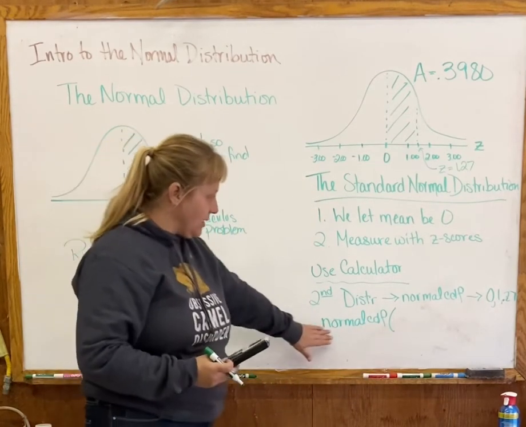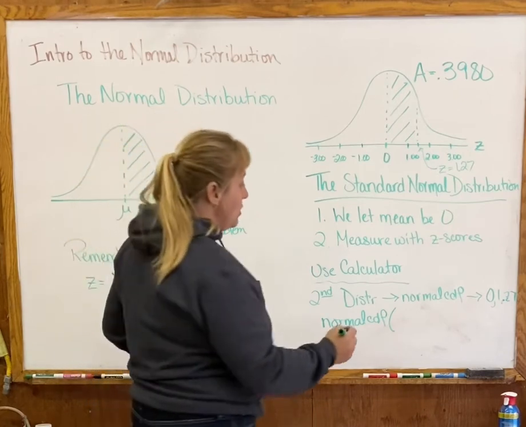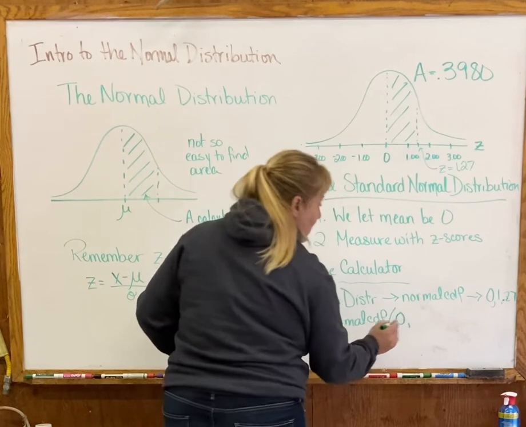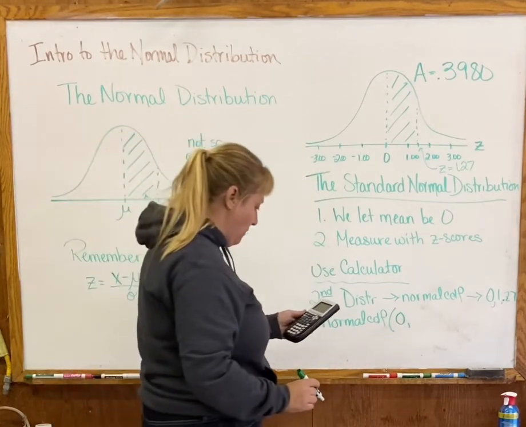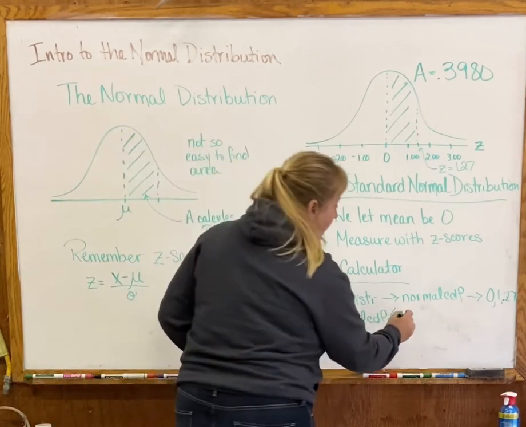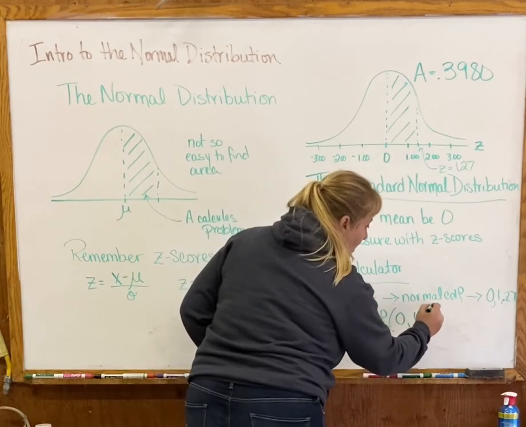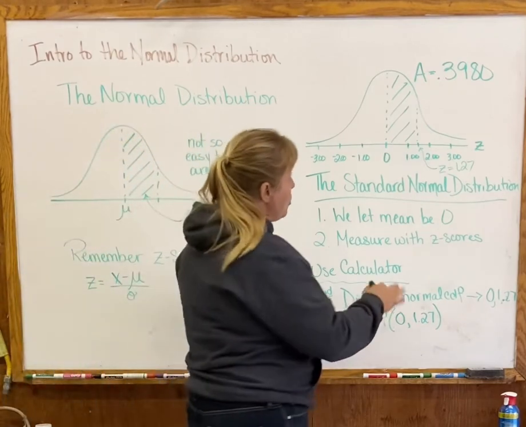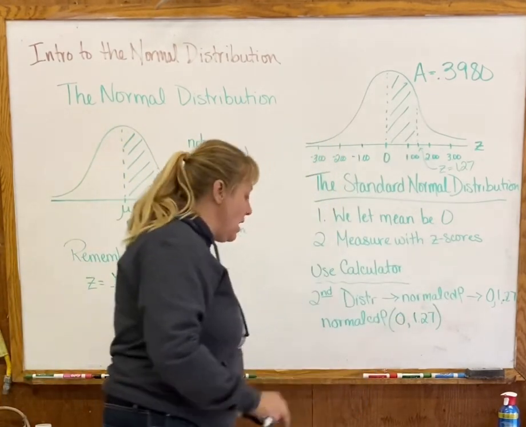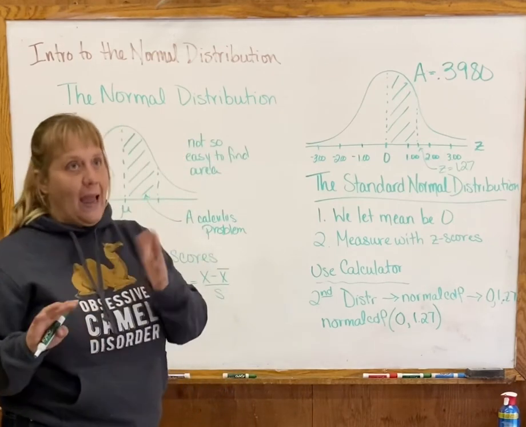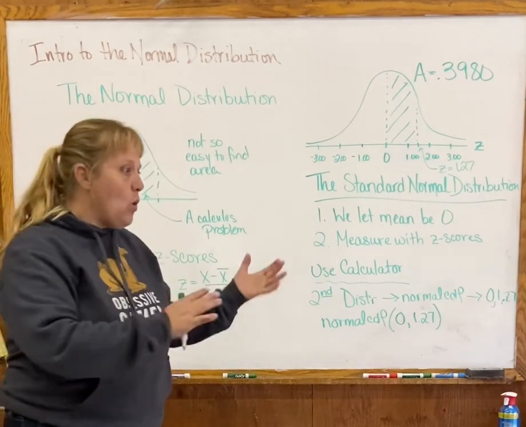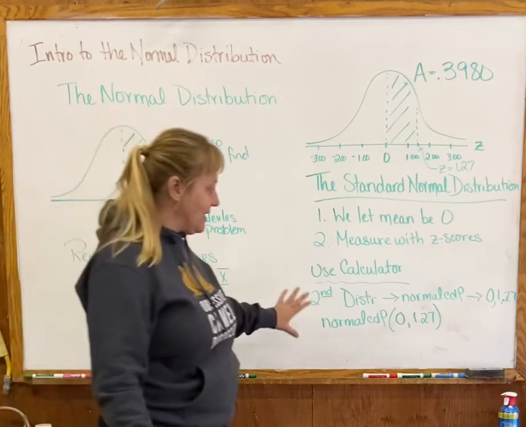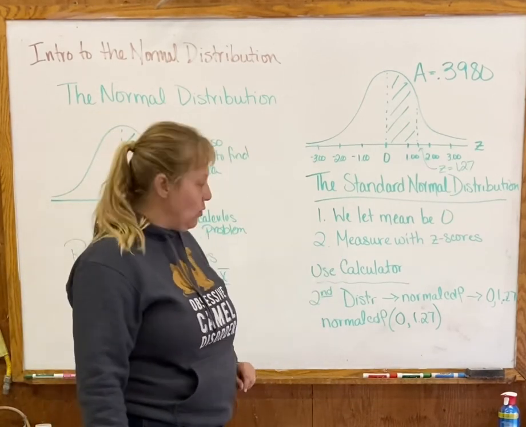If this is what your calculator does, you're going to plug in 0, and then use the comma key, which is above the 7, and then 1.27, and close, and hit enter, and you should end up with the same area. It just depends on how old your calculator is. One version does it one way, the next year they changed it and did it another way. But it's the same thing no matter which way you get it.